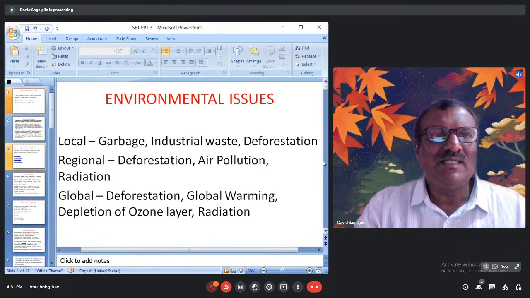That is called the regional effect, or a regional environmental issue. And this is largely because of the air pollution, the industries that have come up in this particular area, and also because of the deforestation, or cutting down of forests, that has happened in these particular areas.